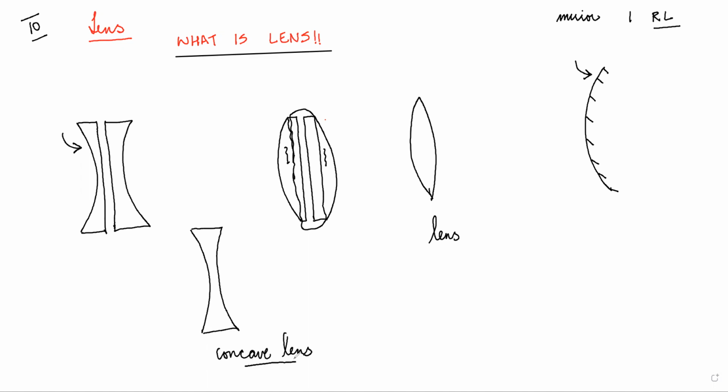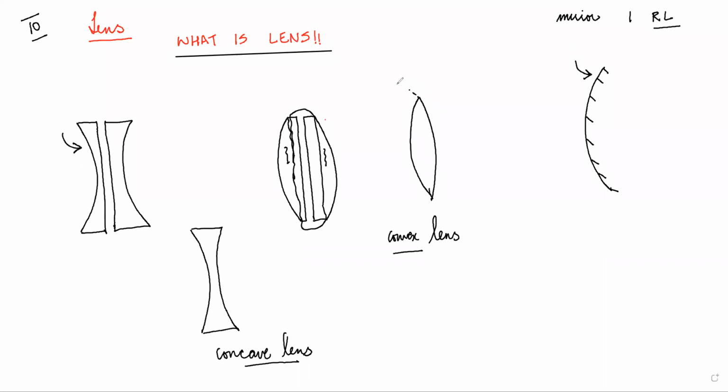Now, students, understanding this will help us understand why a lens has two foci and two centers of curvature. Why? It's made up of two mirrors. A convex lens has been made up of two convex mirrors.